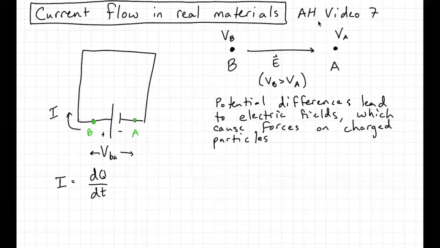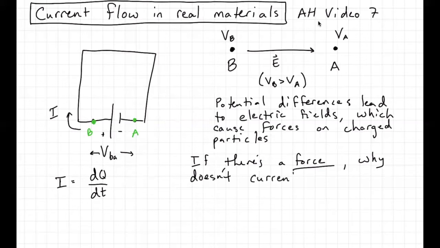And if the charge is accelerating, shouldn't the current be increasing all the time? So this is the question that I have. If there's a force, why doesn't current increase over time?